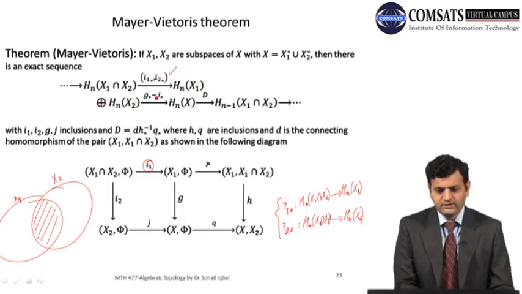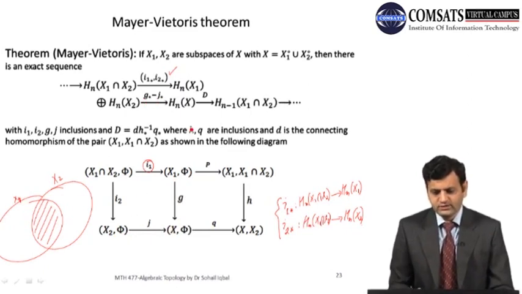Okay, and similarly I can apply the following maps G star and J star. So what is G star? G is basically the inclusion of X1 into X, and J is the inclusion of X2 into X. Okay, so these X1 and X2 are included in X, so using these inclusions we can also define G star and J star.